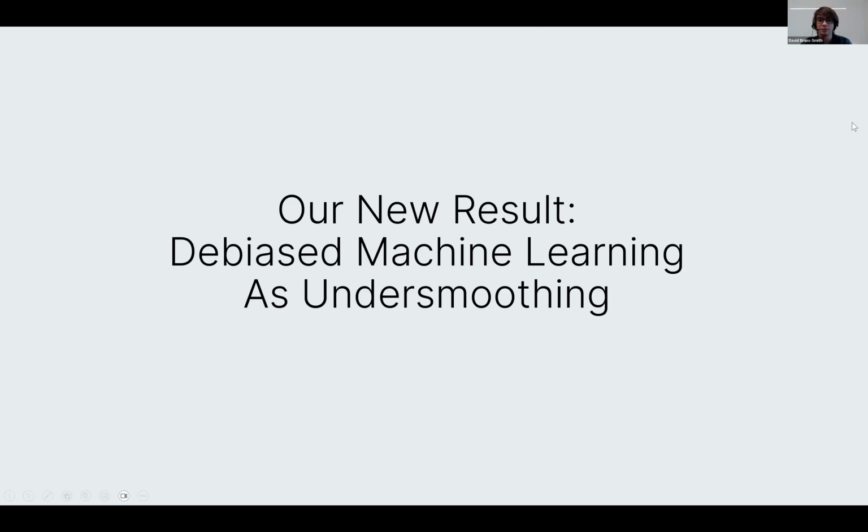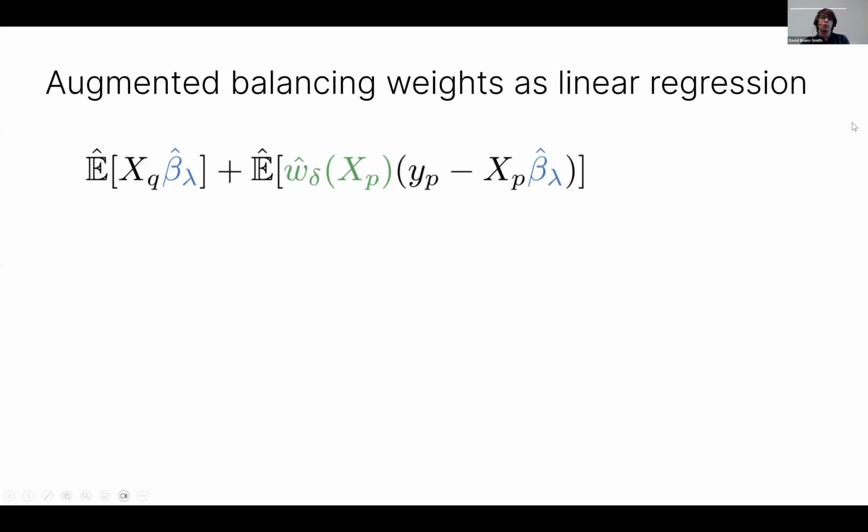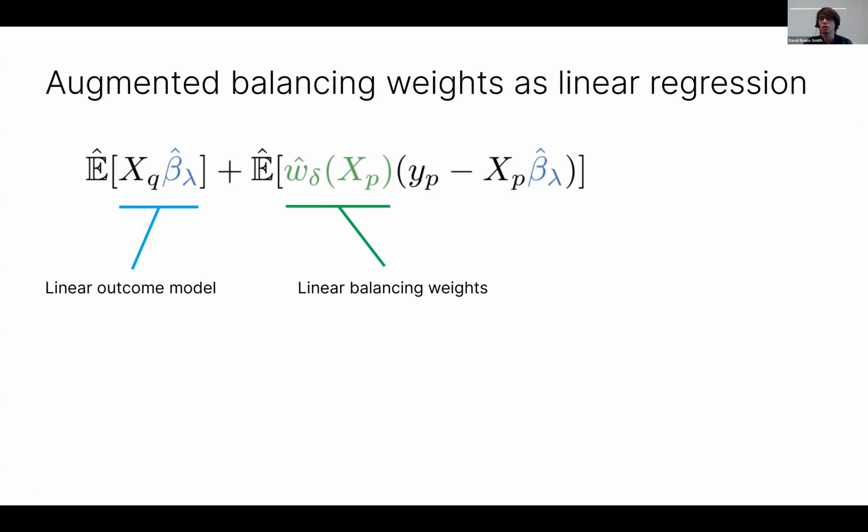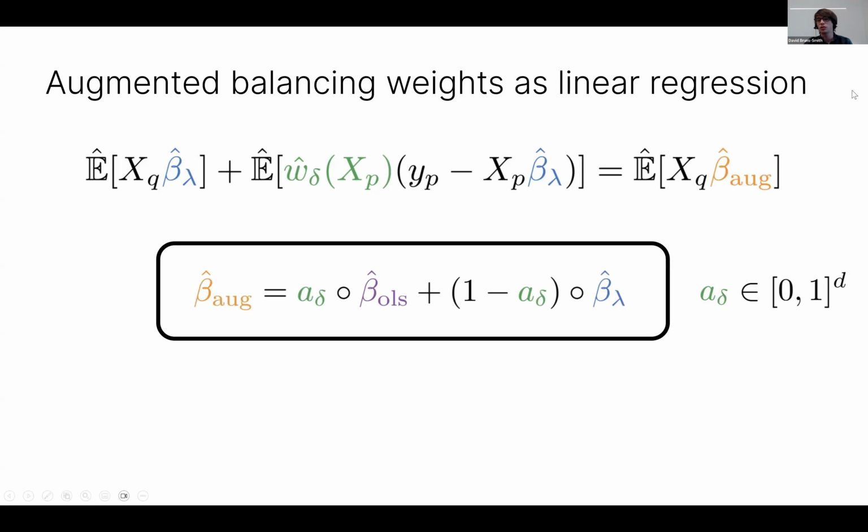All right. So our main result takes this debiased machine learning estimator with linear outcome model and linear balancing weights and rewrites it as a new outcome model that we're going to call beta aug. This has a very particular form. It's an element-wise convex combination between the original outcome model beta hat lambda and the beta OLS coefficients.